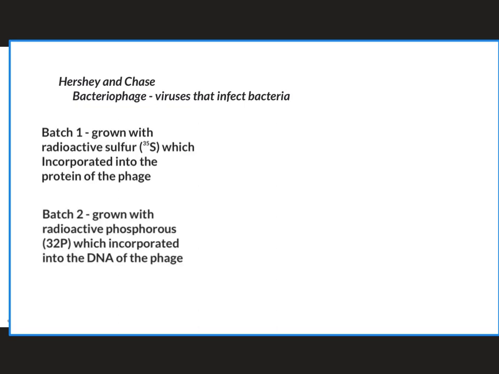After they grew up these phages, they mixed these phages with bacteria, and the phages were able to infect the bacterial cells. What they found was that the proteins that were labeled with radioactivity remained outside the cells, but when the DNA was labeled with the radioactivity, it was found inside of the cells.